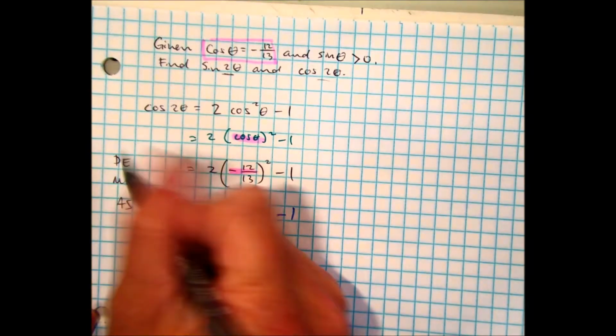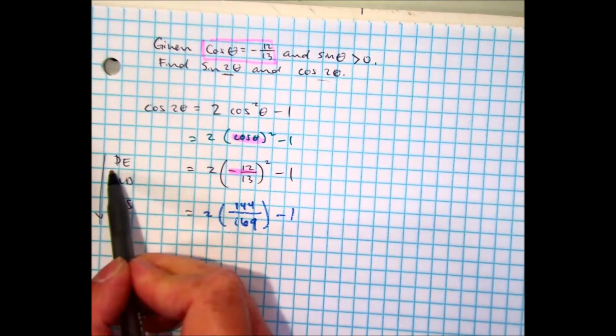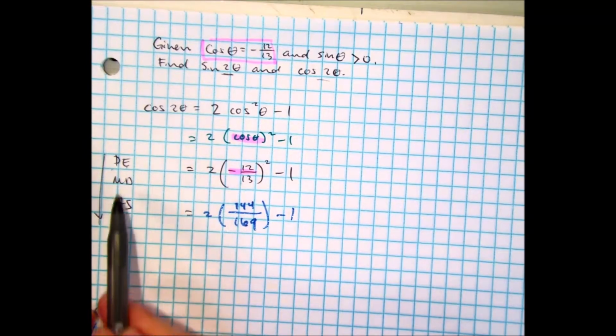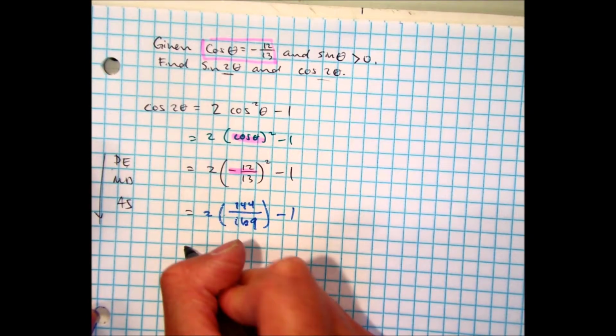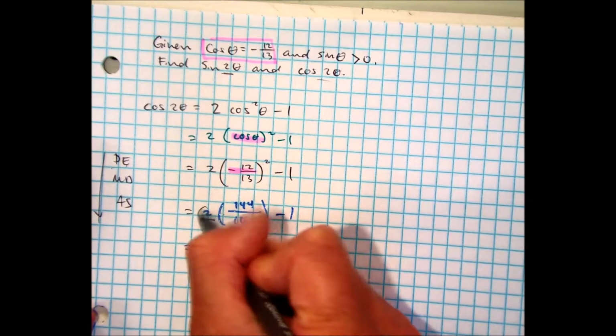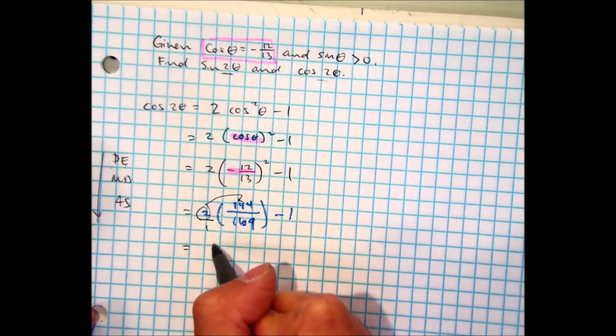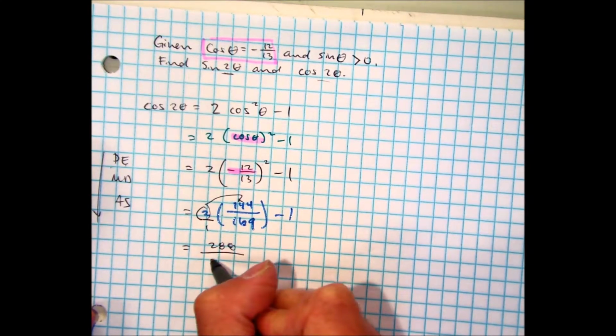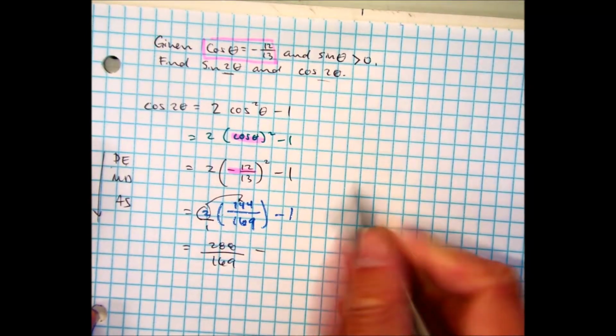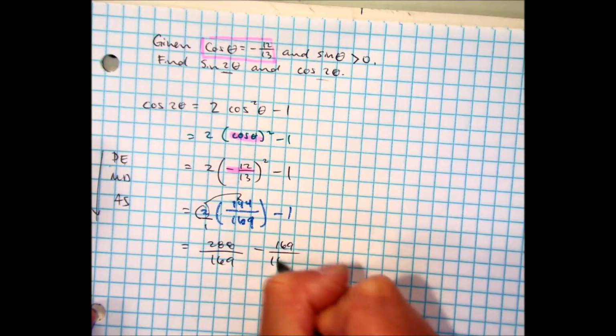We're simplifying, so we're going down here. Parentheses and exponents we just did. Now we're going to do multiplication and division as we go left to right, so we're going to multiply by 2. 2 over 1, multiply, you get 288 over 169 minus 169 over 169.